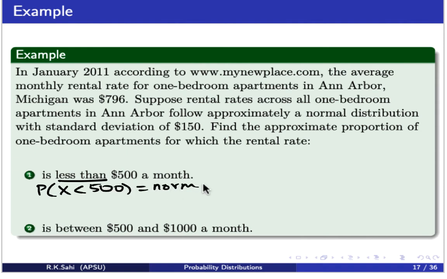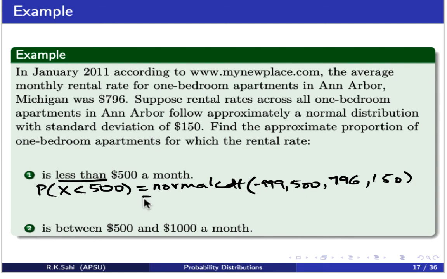Normal CDF. Now we're going to have negative 999. You put 500, that's the upper limit, and negative is always written down here. And I'm using 3 9s, you can use 4 9s, it's good enough, no problem. Then we are going to look at the mean, 796 and 150.